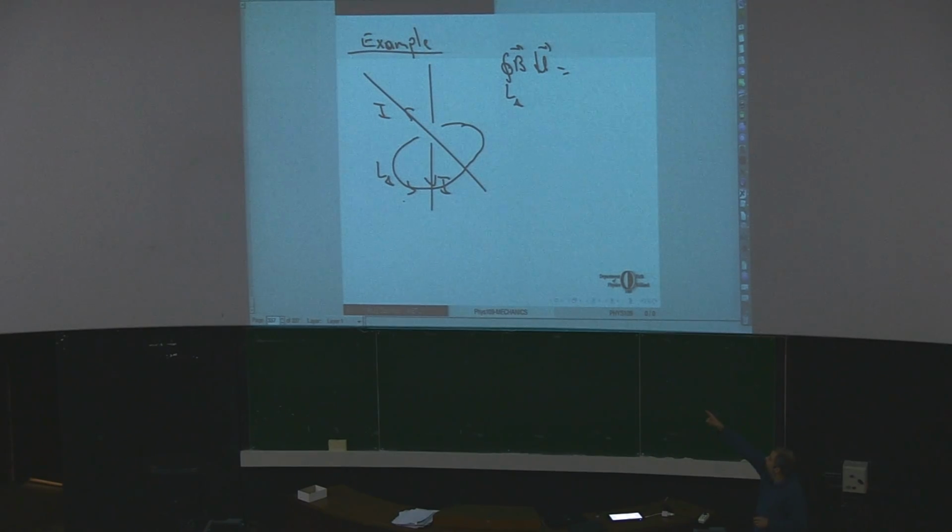Now the loop is closer to you than both of the wires in the front, and it's going around both of the wires. So if these are your wires, the loop goes like this.